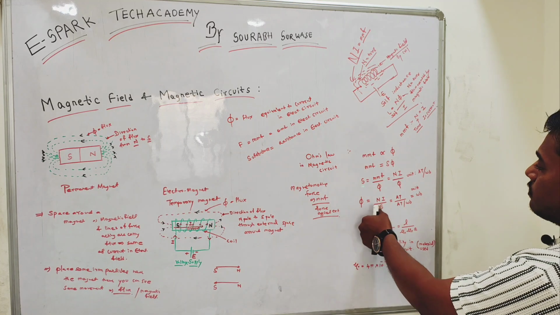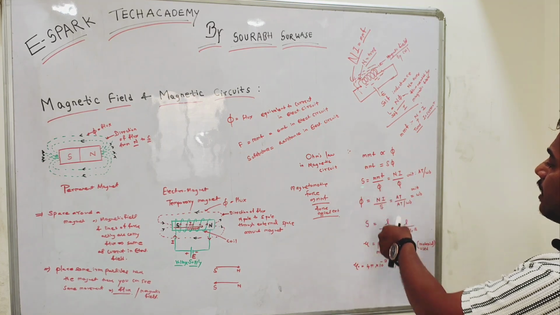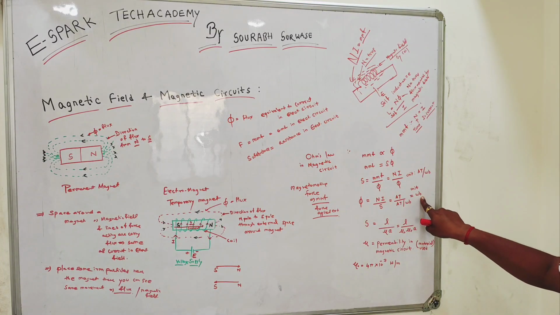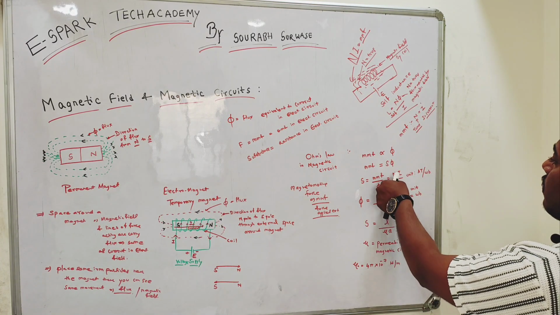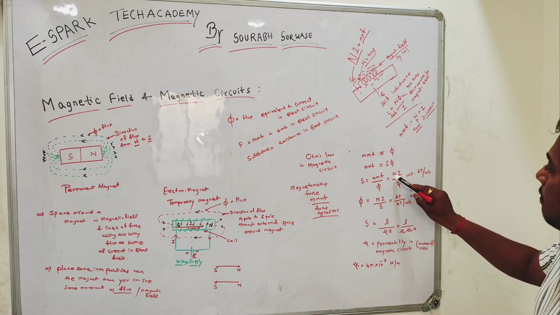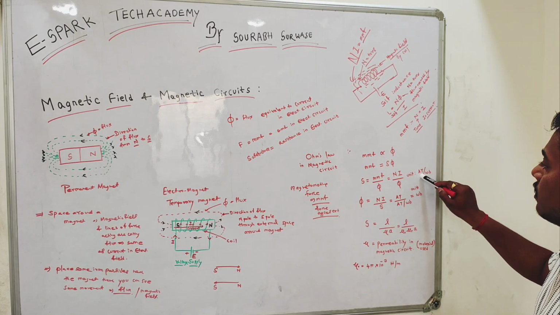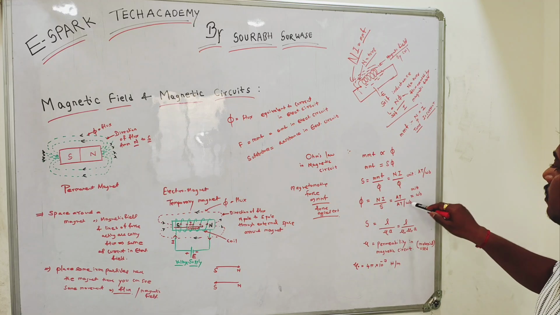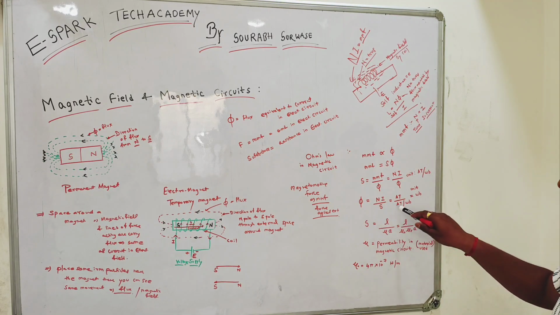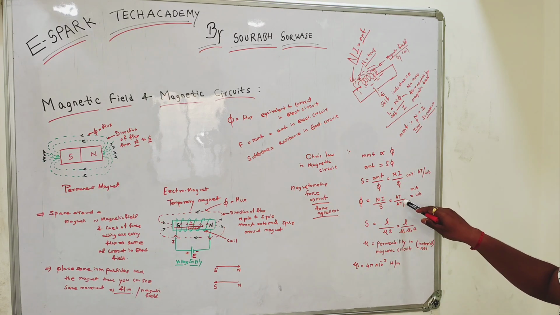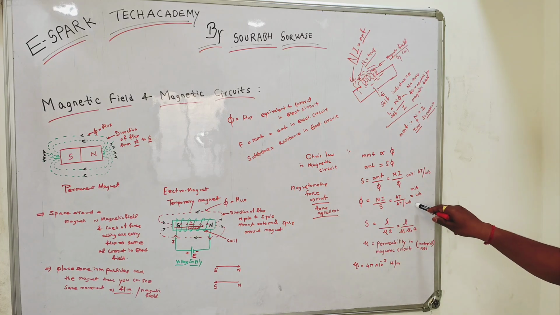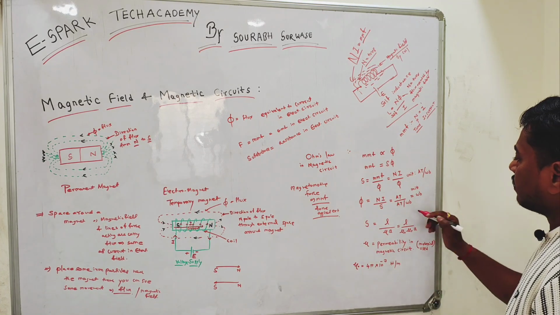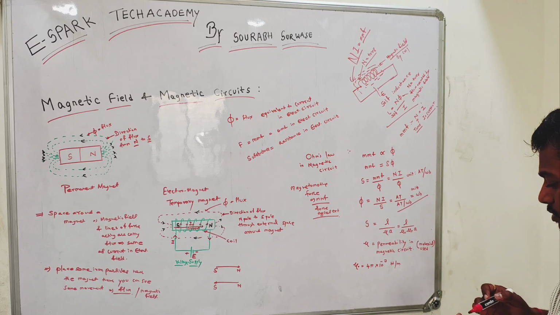Rearranging, flux is Ni by S, and accordingly we have calculated its unit: I is ampere and N is turns, so it is ampere turns, and the ampere turns cancel and Weber remains. I derived this here in order to understand.